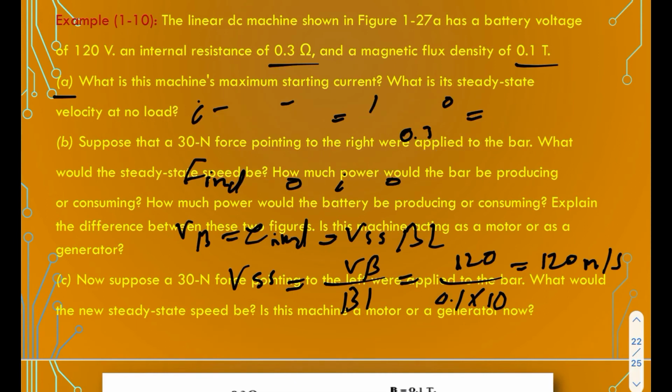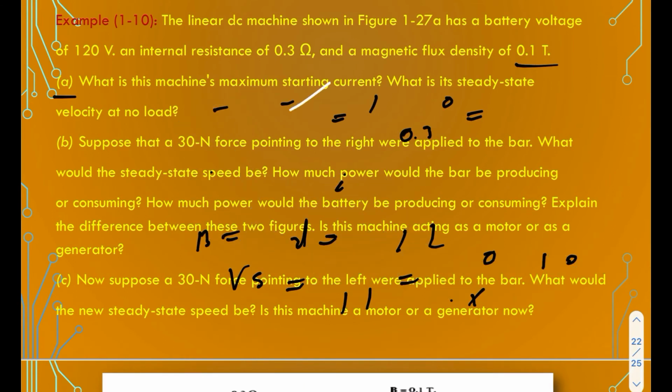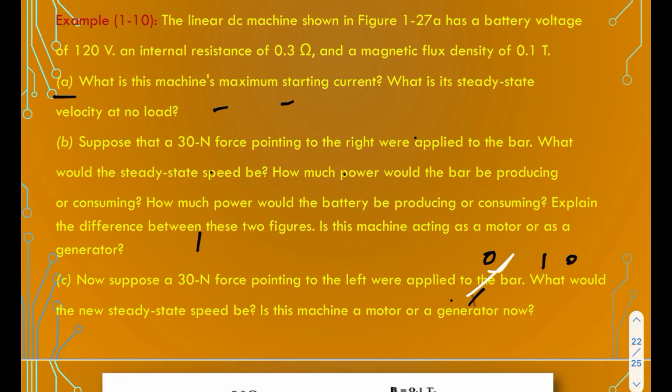Now let's come to the next part, B. Suppose that a 30 Newton force pointing to the right were applied to the bar.